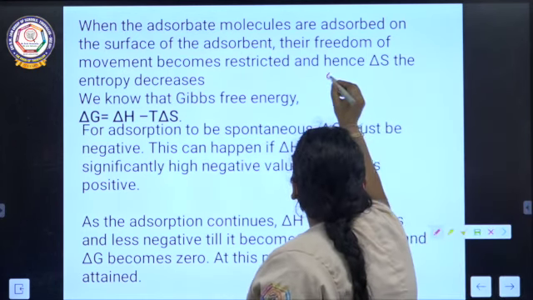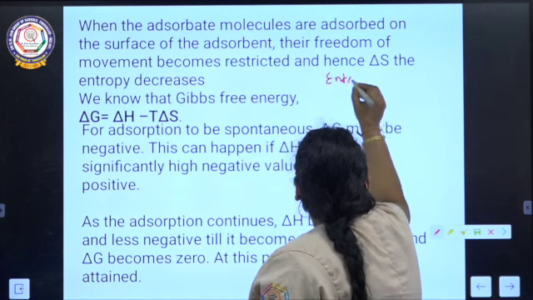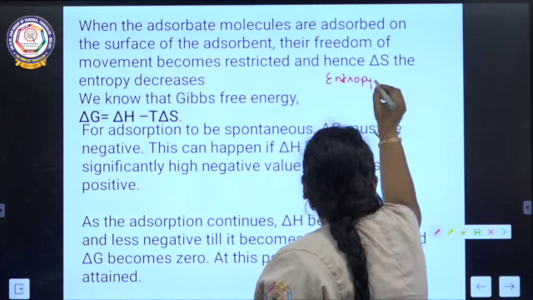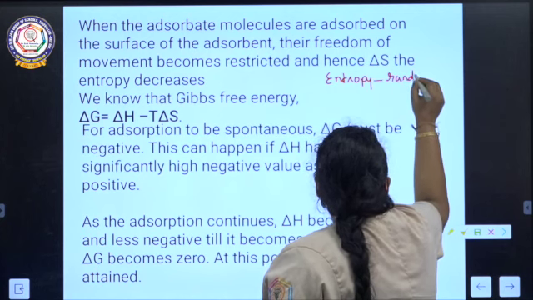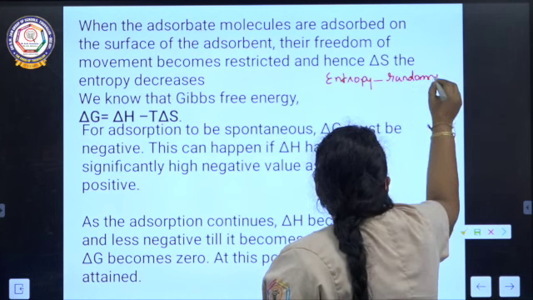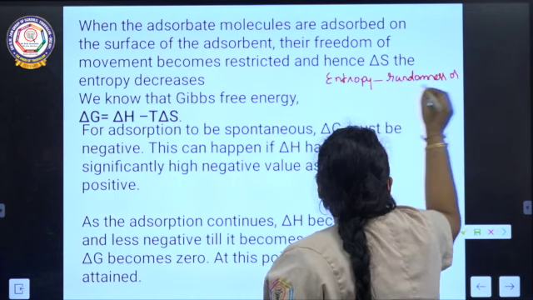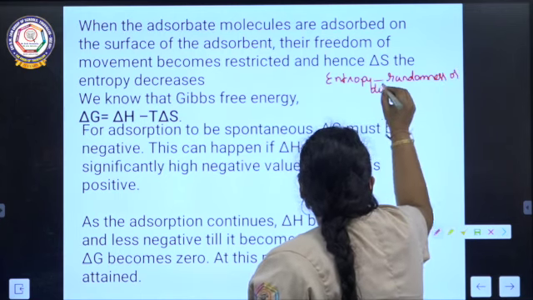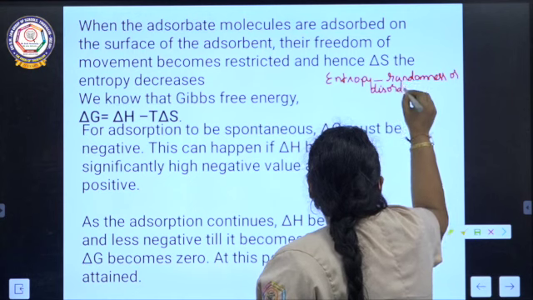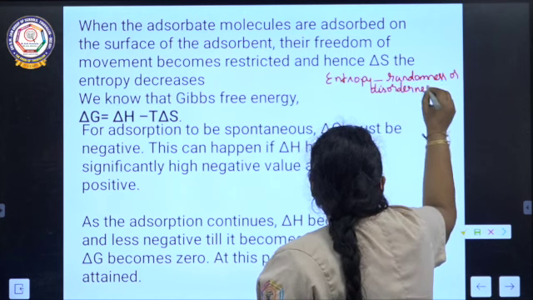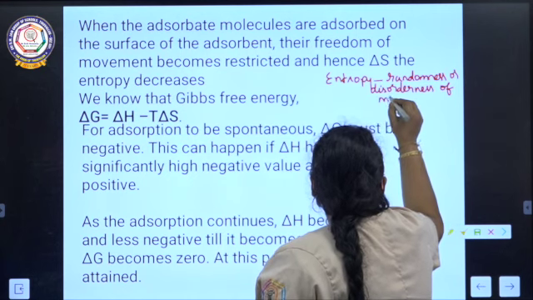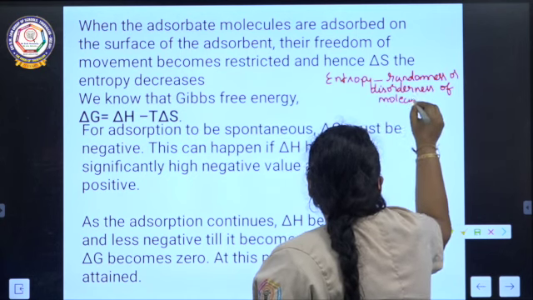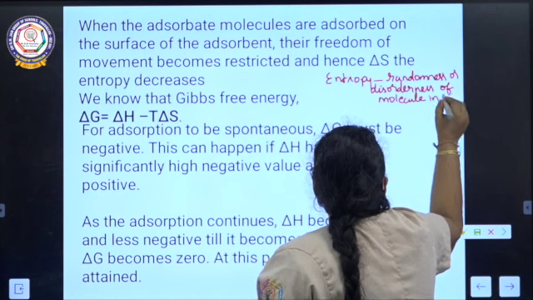Entropy is nothing but randomness or disorderliness of molecules in the system.